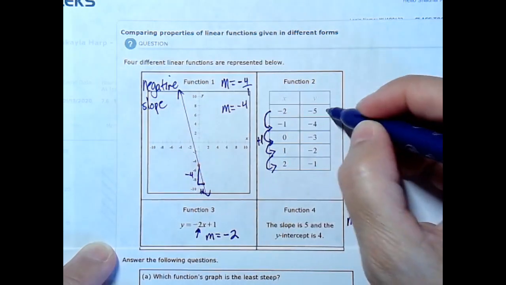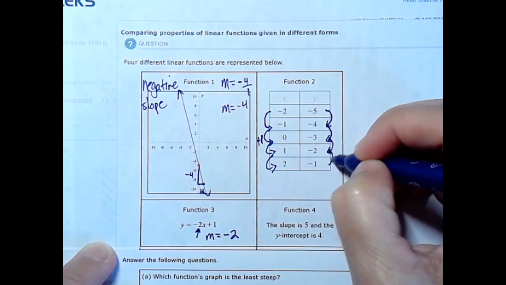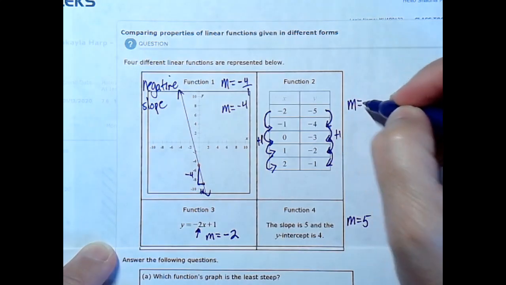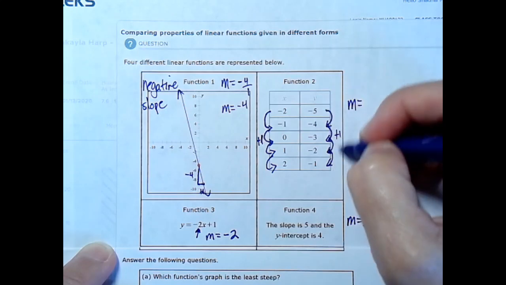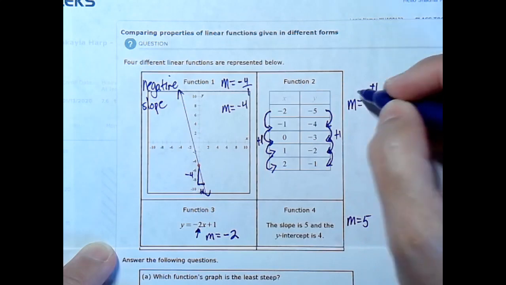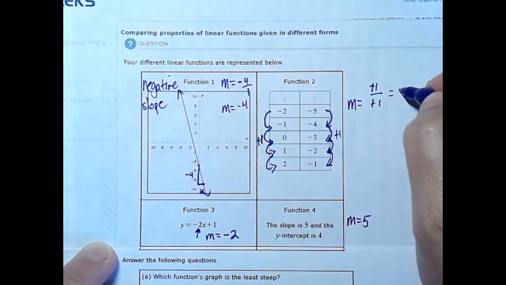Okay, to get from here to here, here to here, you have to add 1. So my slope is going to be my change in my y's over my change in my x's, which was add 1. So the slope of this line is 1.